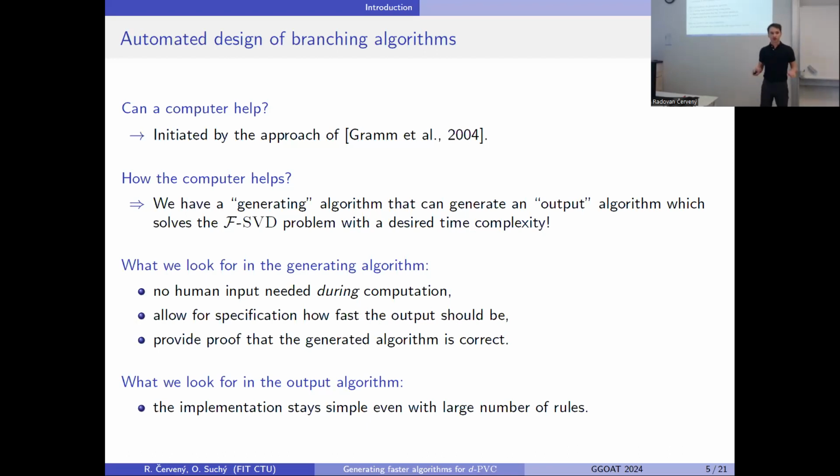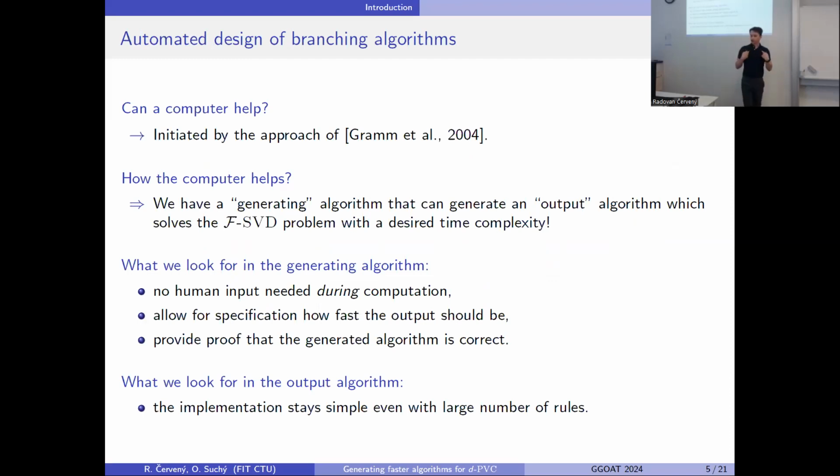Of course, we want to tell the program, I want this algorithm to be this fast. And in an optimal case, we would also get some proof that the output is correct. Not just the algorithm itself, but some description that the output is correct. I will show it if I have time at the end.